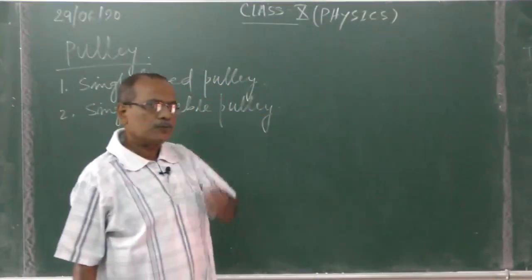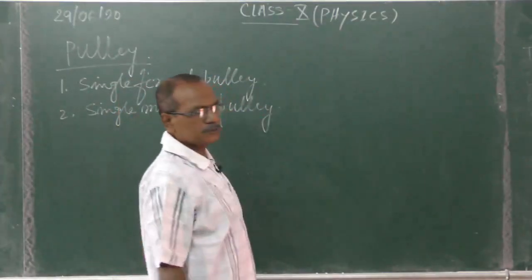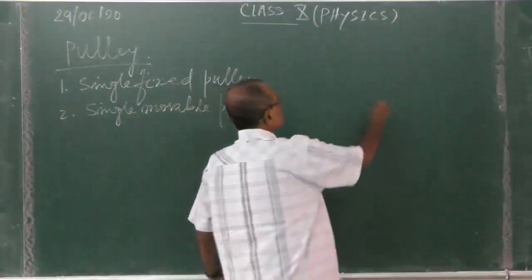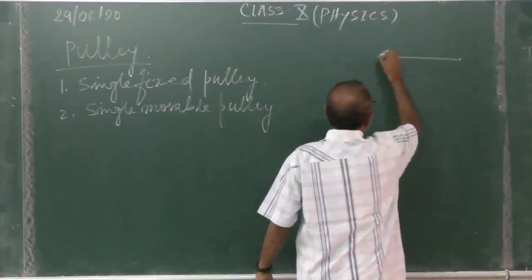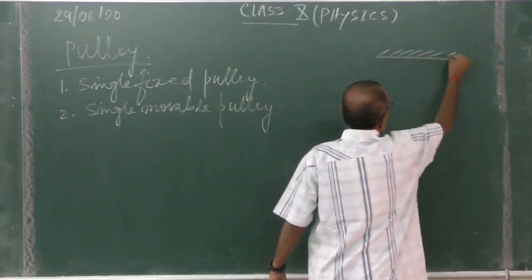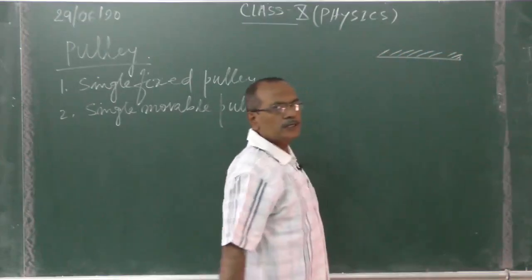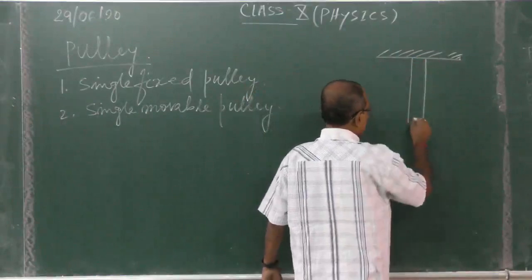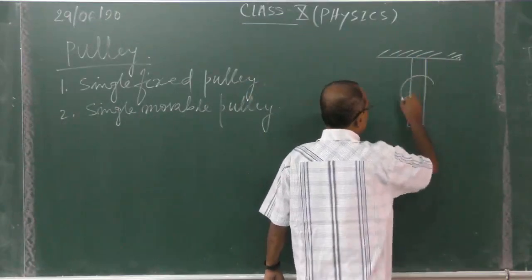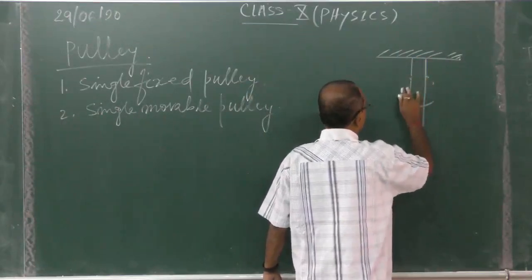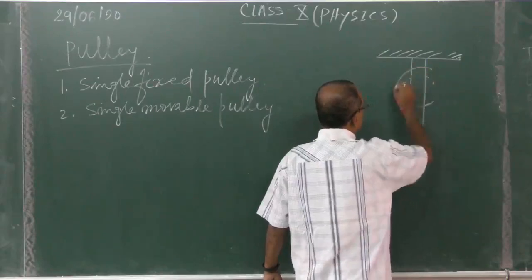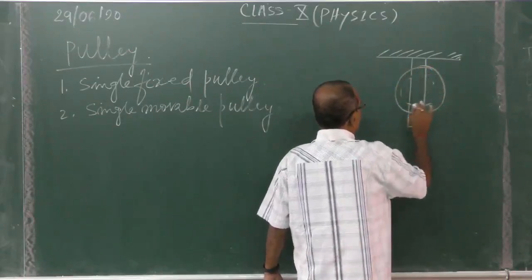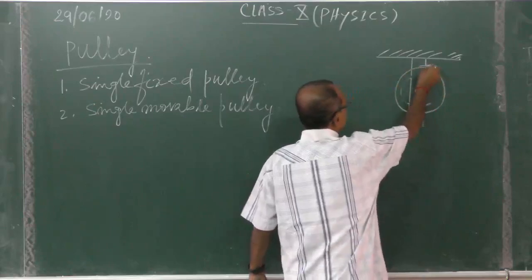First, we are talking about single fixed pulley. So this is a rigid support. This must be there from where the pulley is hanged. This is the pulley, fixed pulley.